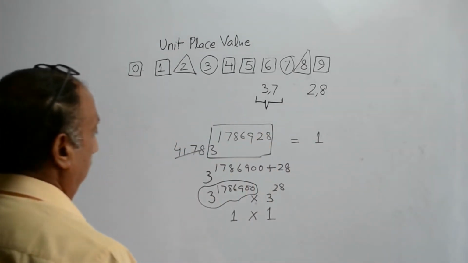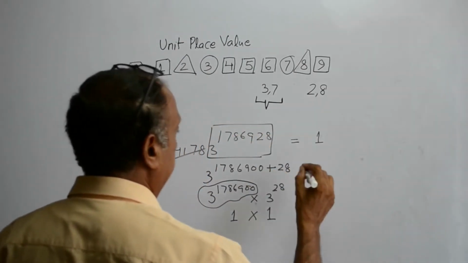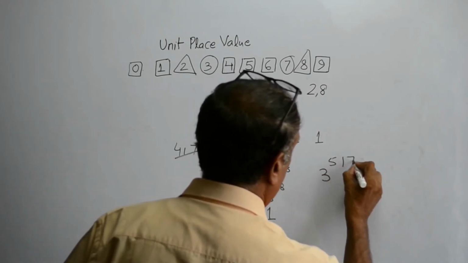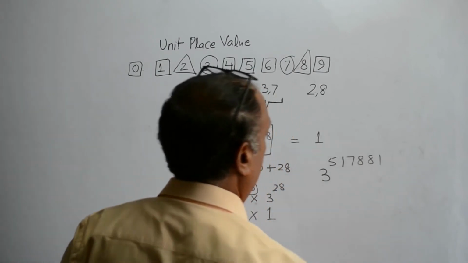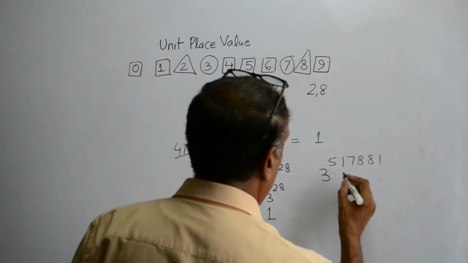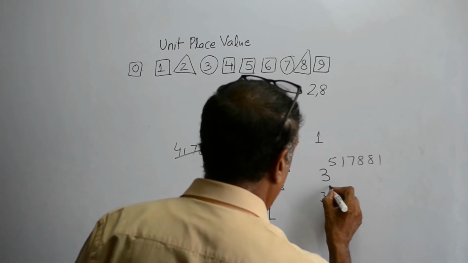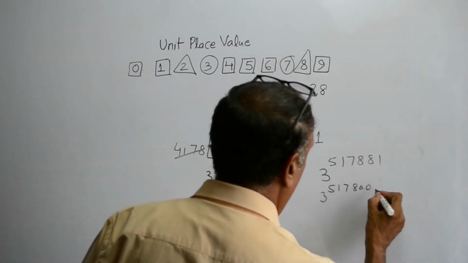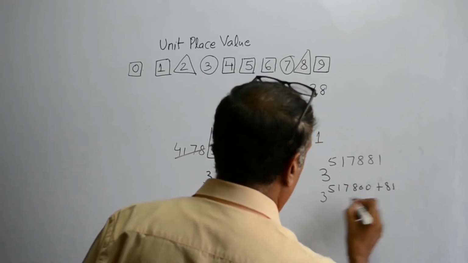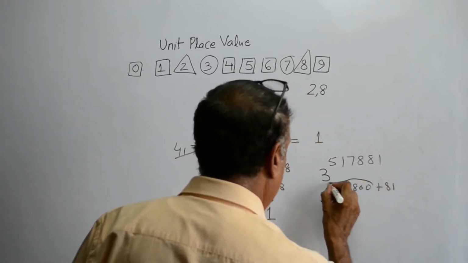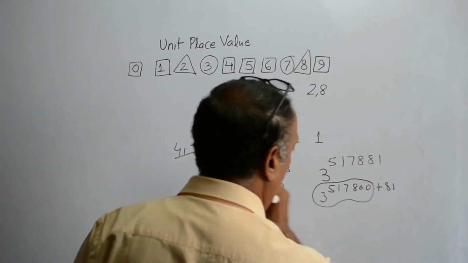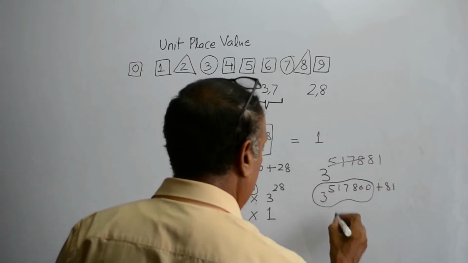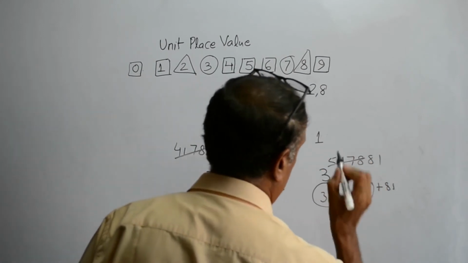So from here we can say that if we want to find out the value of 3 raised to power 51780 plus 81, the first portion is always going to give us 1. So basically we are interested in only 3 raised to power 81.